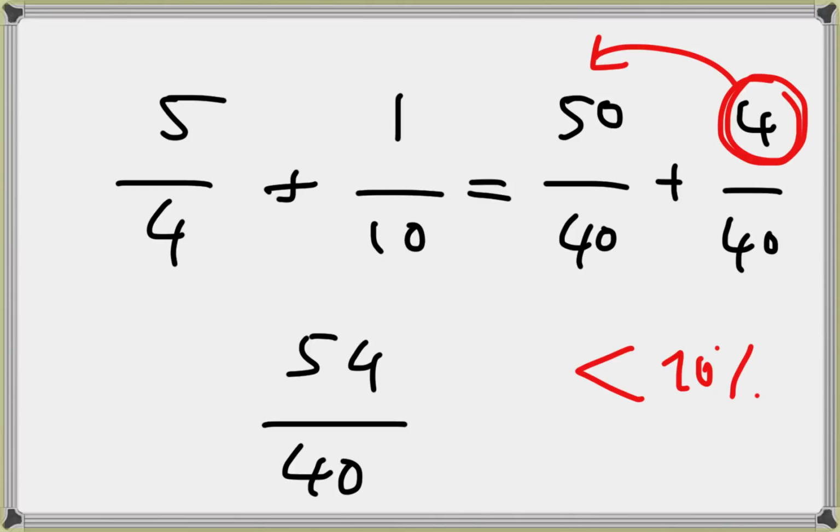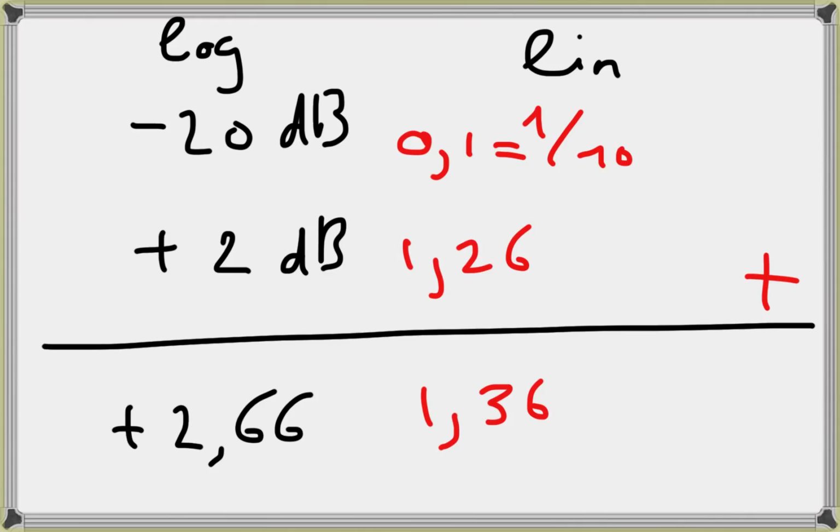And I think it's safe to say that if we look at the original outcome, where we said, okay, using the calculator, adding minus 20 and plus 2, and notice that this value is very close to 5/4. Notice that if we add these two values together, then at the end of the day, our plus 2 goes up with less than a dB.